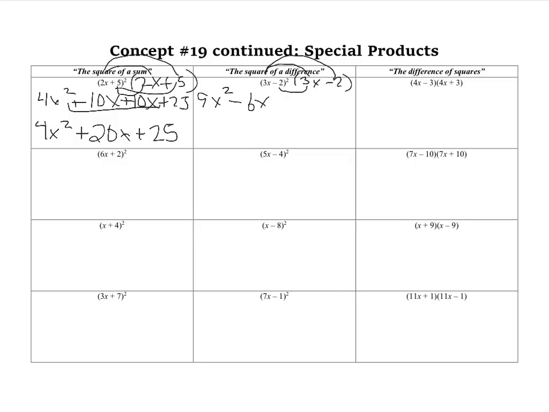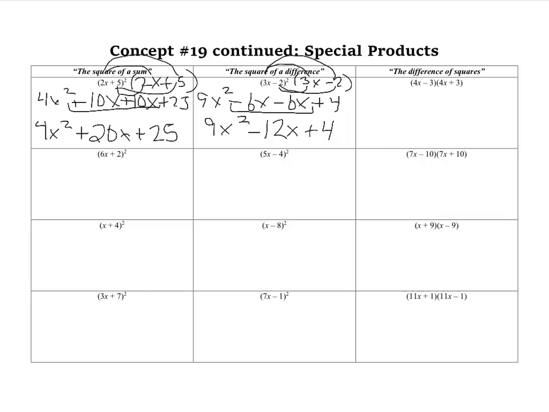Then negative 2 times 3x is another negative 6x, and then negative 2 times negative 2 is positive 4. Right here in the middle, you have like terms, so we combine them, which leaves me with 9x squared minus 12x plus 4.